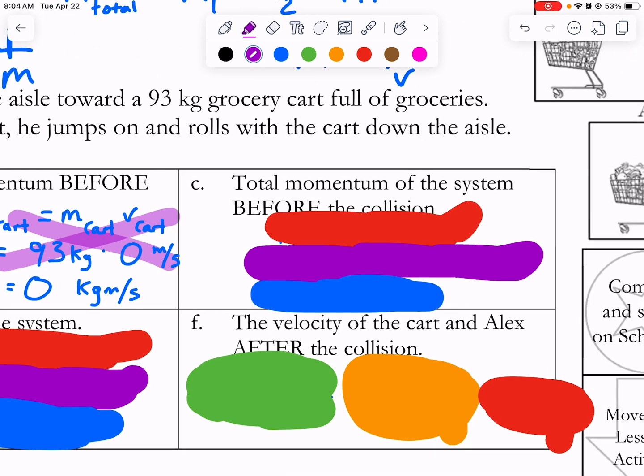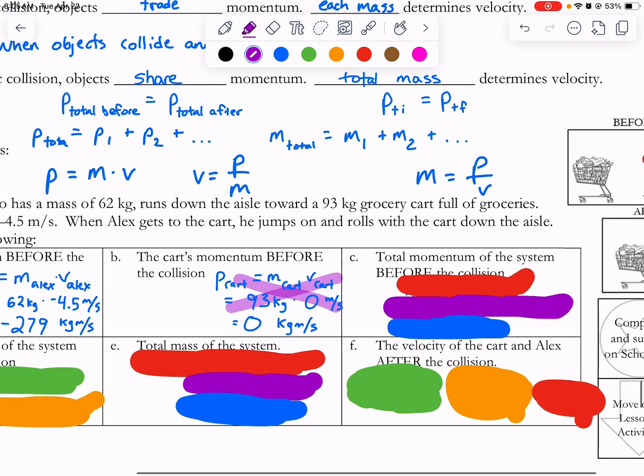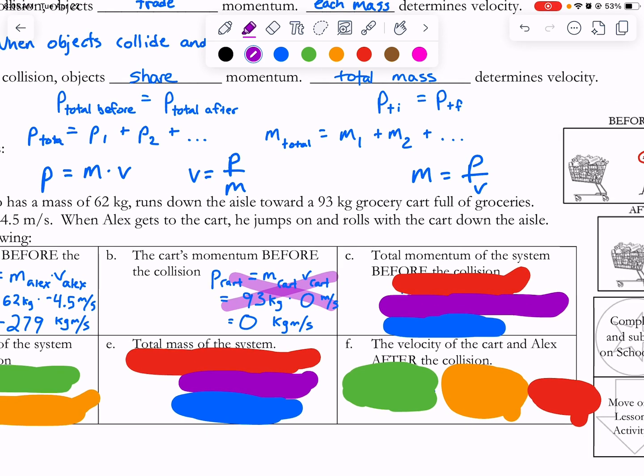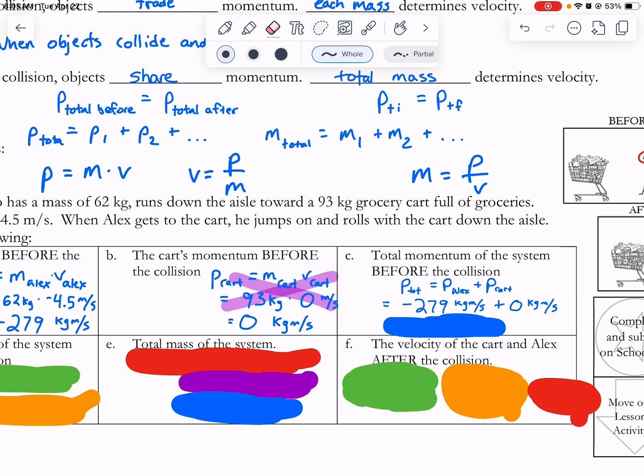All right, so the total momentum before, this is where I've got to use that p total equals p1 plus p2 plus the rest of them. That's the equation I'm going to use here. But I've just got Alex and the cart, so I'm just going to write negative 279 plus 0. The negatives are really important here because if you have objects going in opposite directions, their momentums are not going to add, they're going to subtract.